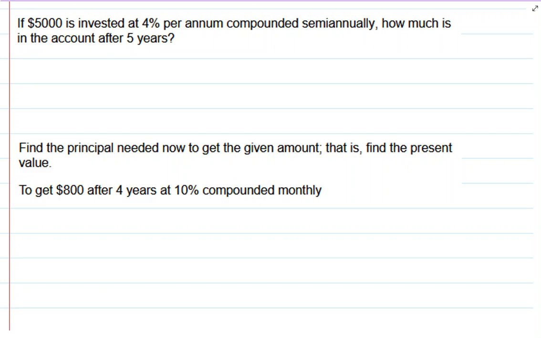He made a comment about it. And first off, we have to find out what n is. n is the number of periods in the year interest is accrued.